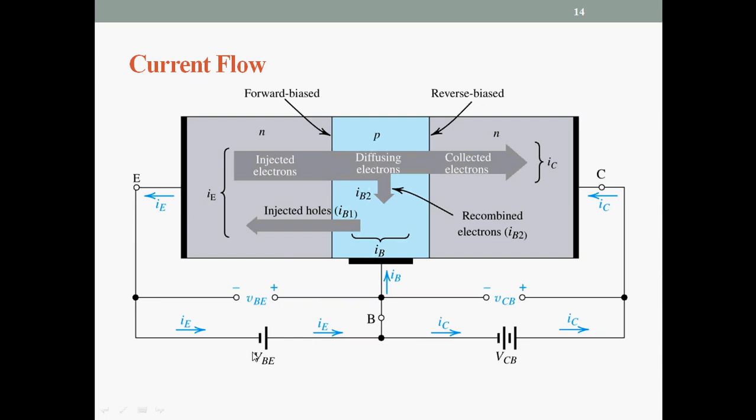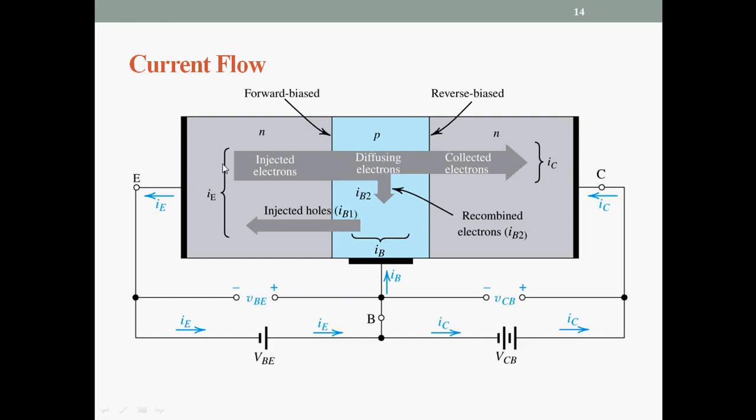Now, because the emitter is connected to the negative of the battery, more electrons are injected into the N region. These will cross the PN junction and recombine with the holes injected into the P region. These electrons from the N region recombine with the holes in the base region and cross the PN junction between the collector and base, and more electrons will travel towards the collector.